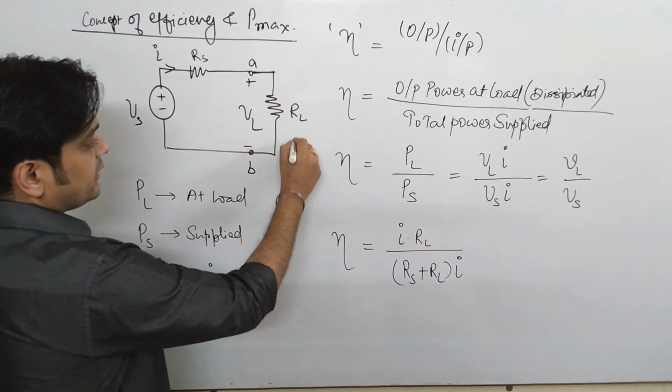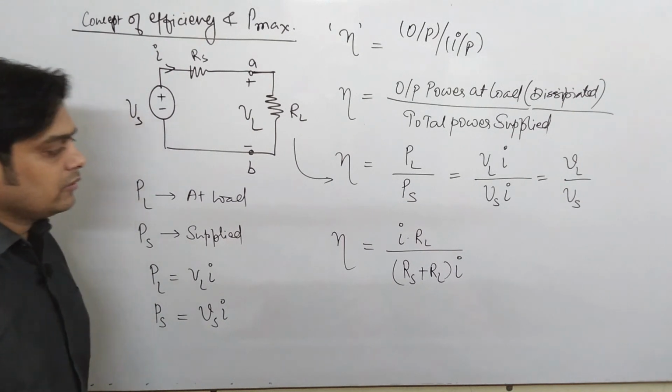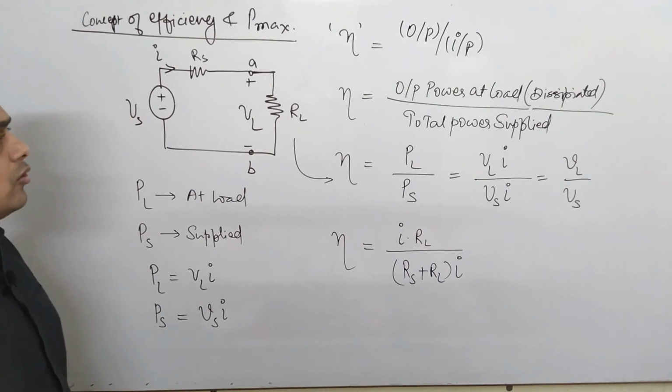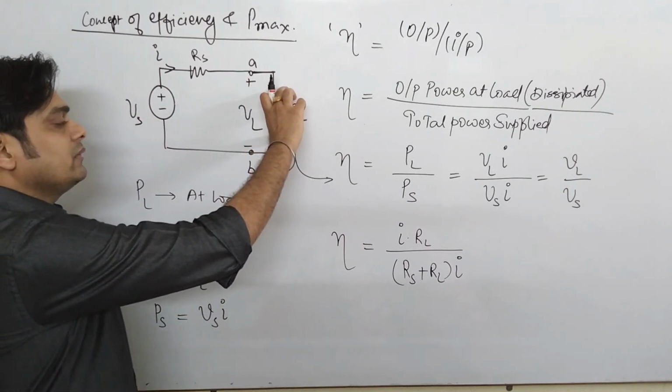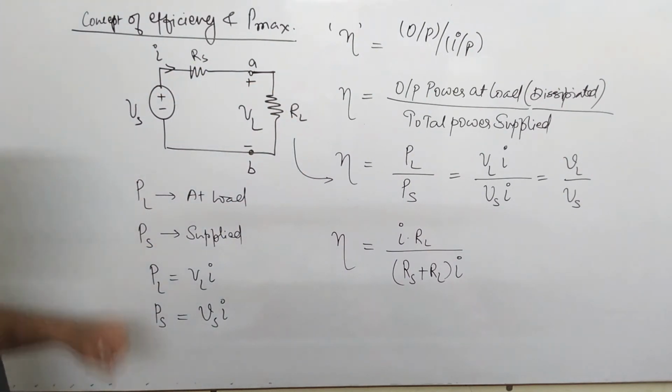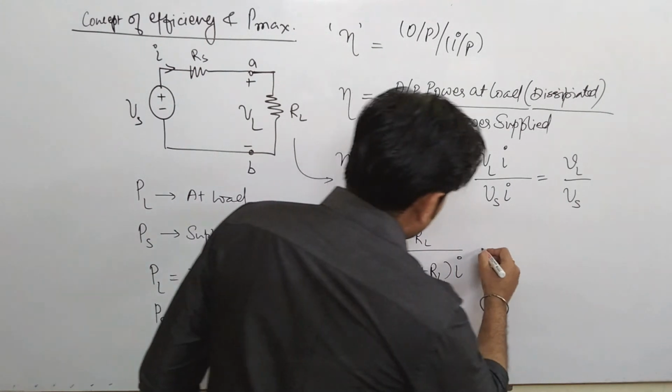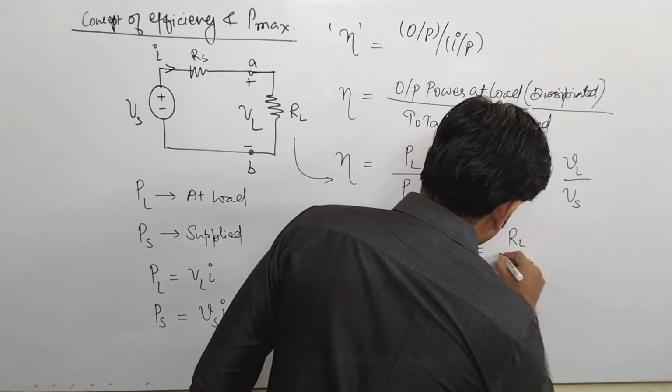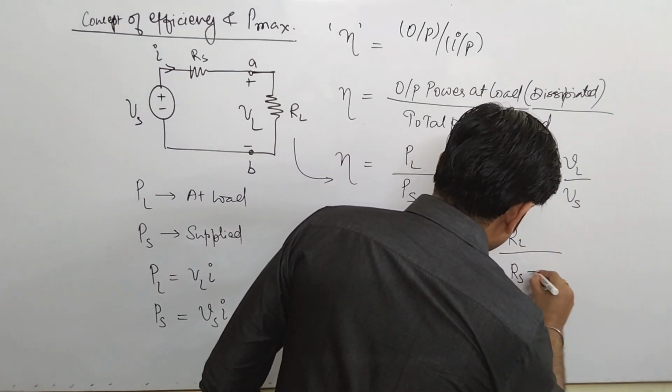So basically we are trying to relate the efficiency, that is the output power in the load upon the total power supplied by the source. So the efficiency comes to be RL upon RS plus RL.